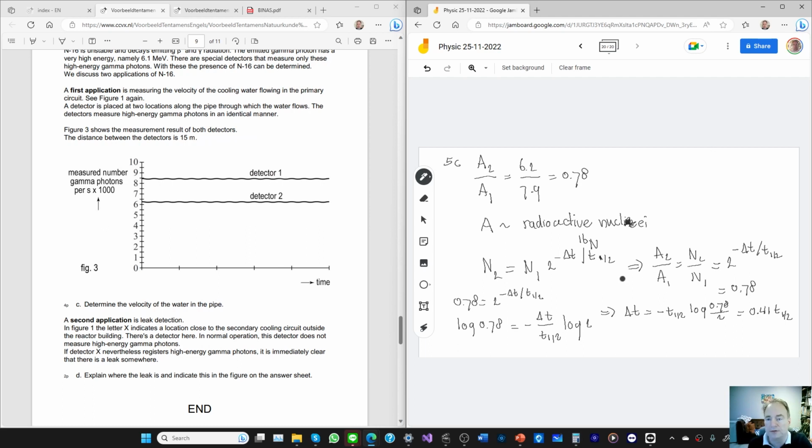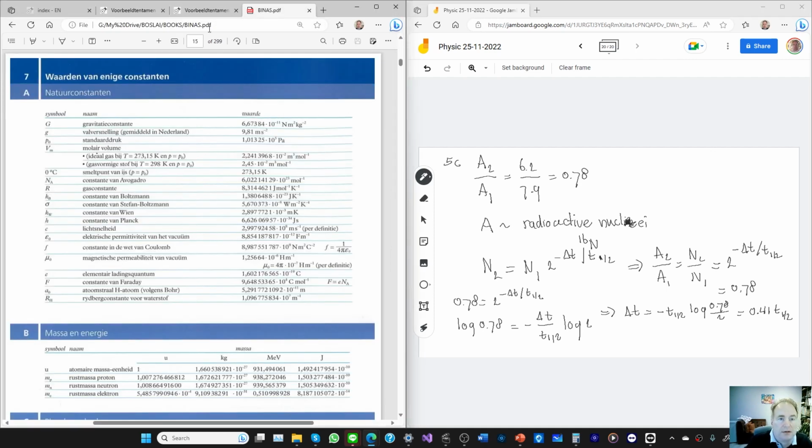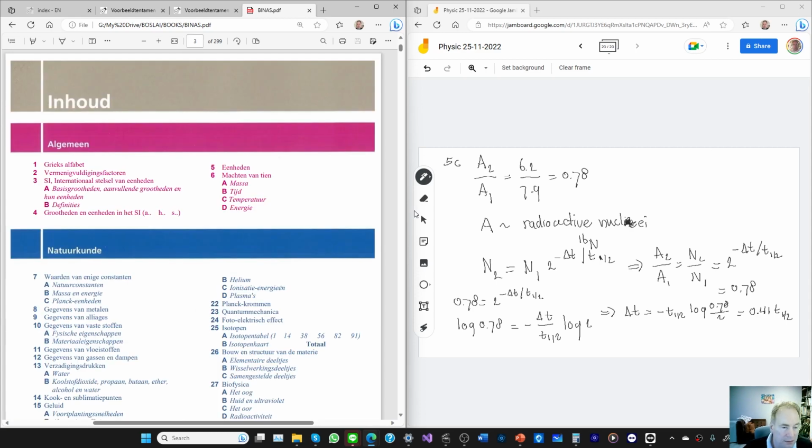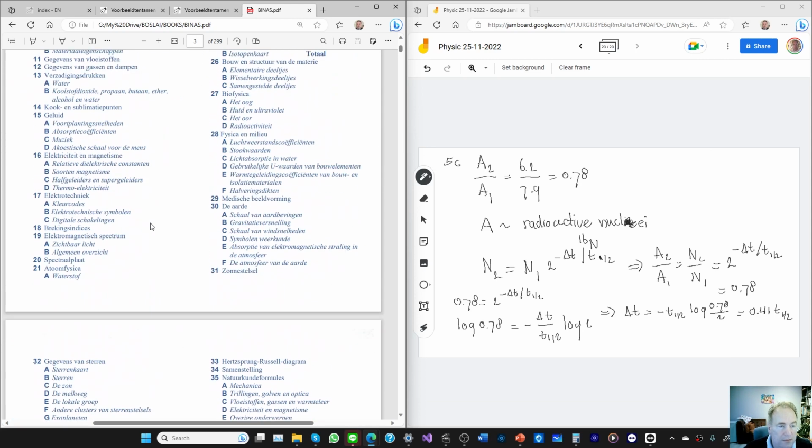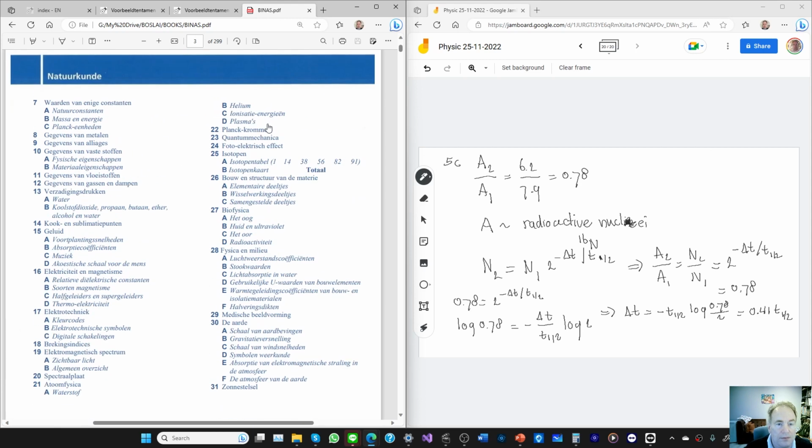Now we just need to figure out what is the halftime of this. So let's see in the tables. There is a section about radioactivity, isotopes.